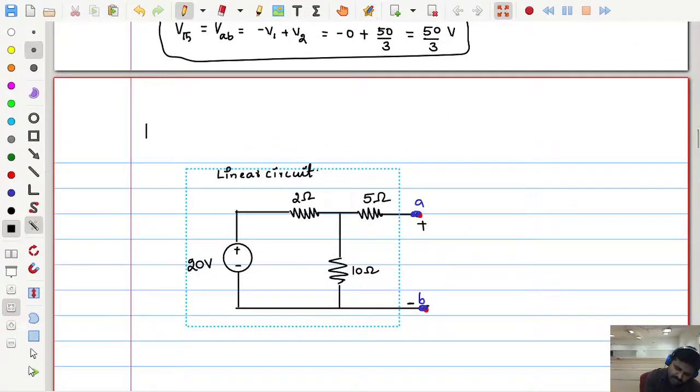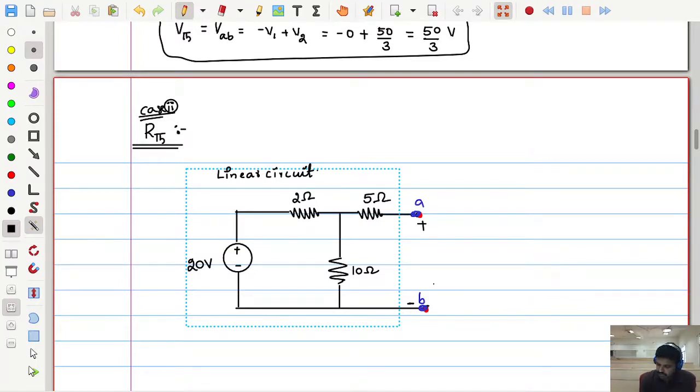So next is the RTH calculation. Some people call this case 2. In case 1 we find Thevenin's voltage, in case 2 we find Thevenin's resistance. Now let us see that we removed the load. That work is common for every step, like case 1 and case 2.